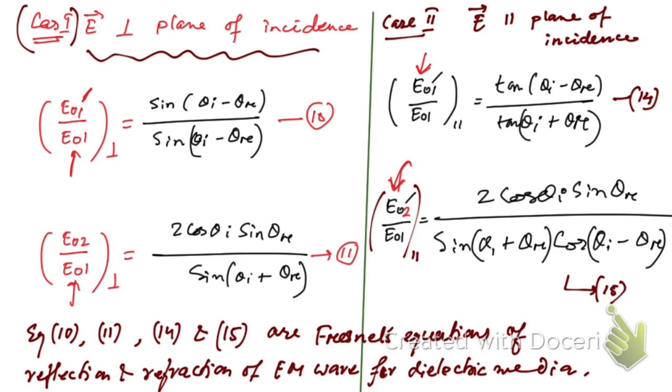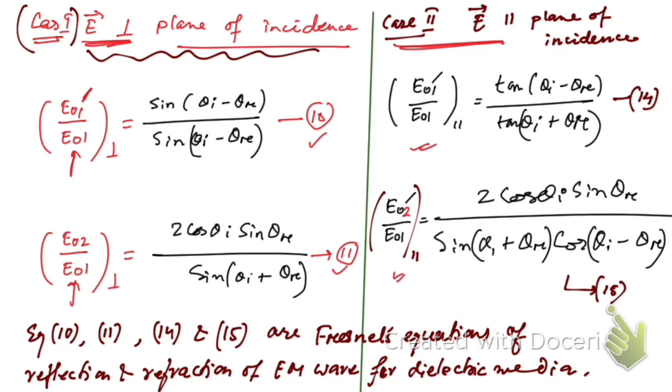Here you see these two equations, equation number 10 and 11, for the first case when E is perpendicular to the plane of incidence, and these two equations of reflection and refraction are for the case when E is parallel to the plane of incidence, right? So hope you have understood this well.